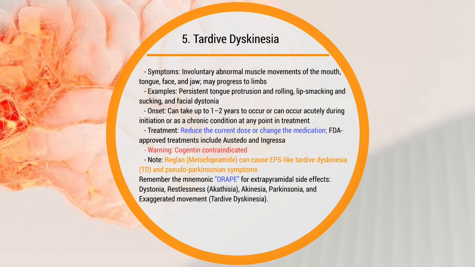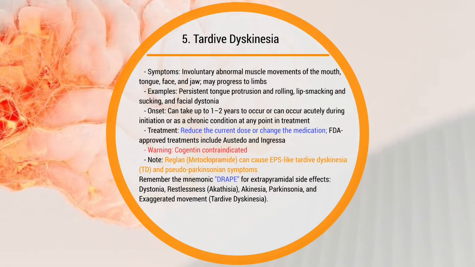So, what is TD? It's an involuntary abnormal muscle movement of the mouth, tongue, face, and jaw. It may progress to the limbs, right? Usually, you'd see TD with antipsychotics.